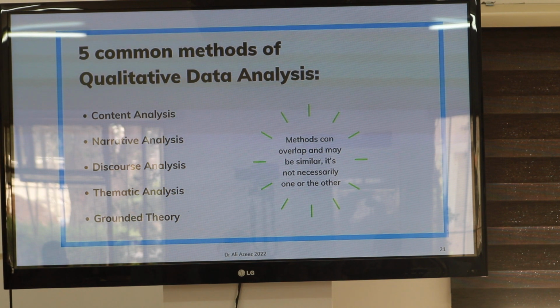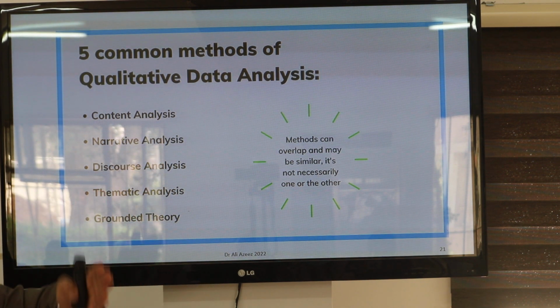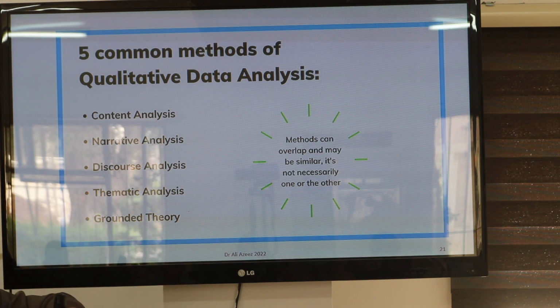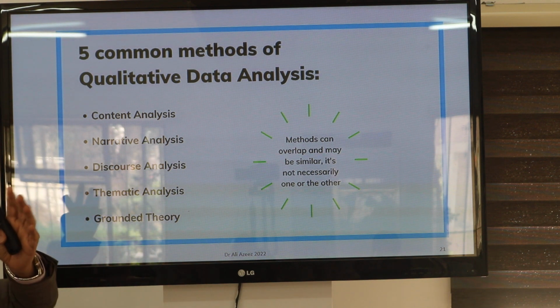Thematic, I need to just remind you, what's the difference between qualitative and quantitative? In quantitative, we need to test the theory. We have a theory, we need to test it on a large number of participants to see if this theory can help us explain the situation.